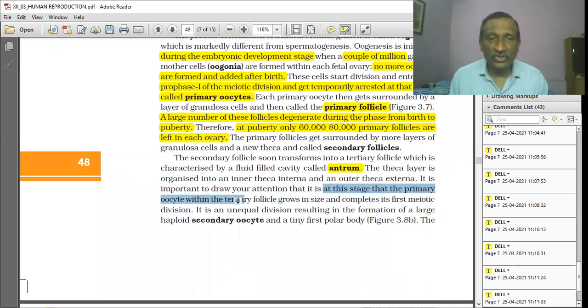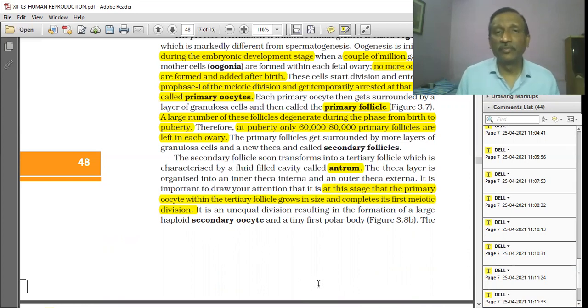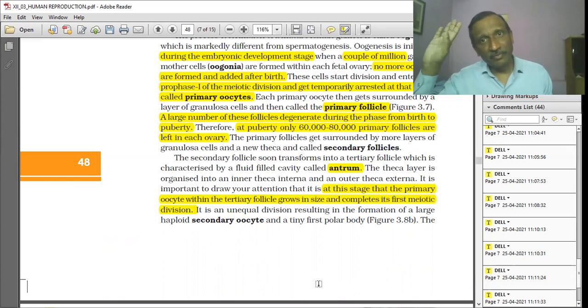at this stage the primary oocyte within the tertiary follicle grows in size and completes its first meiotic division. After the tertiary follicle forms, from the primary oocyte to the tertiary follicle, its first meiotic division is complete. The second meiotic division will complete only after fertilization. If it happens, fine; if not, there is no need for it. So it is an unequal division resulting in the formation of a large haploid secondary oocyte and a tiny polar body.